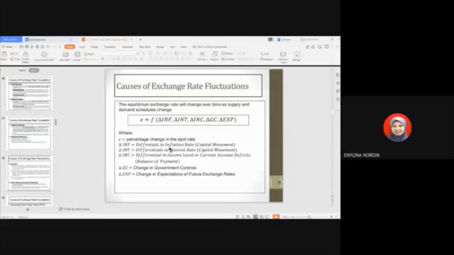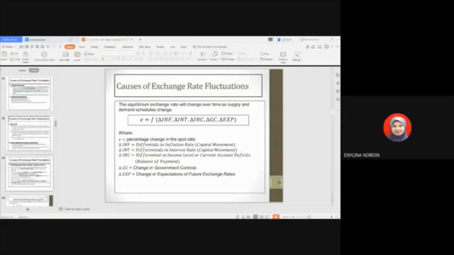If you're talking about inflation, that means we refer to the PPP theory, where we use this differential to predict the exchange rate. And IRPT is the theory where the trader predicts the exchange rate based on the differential in the interest rate.